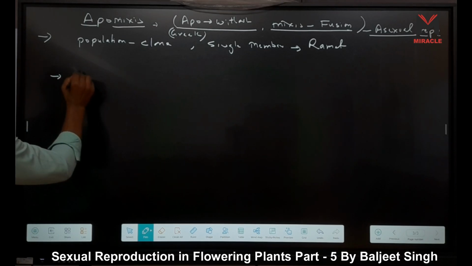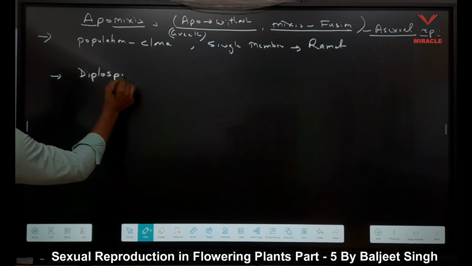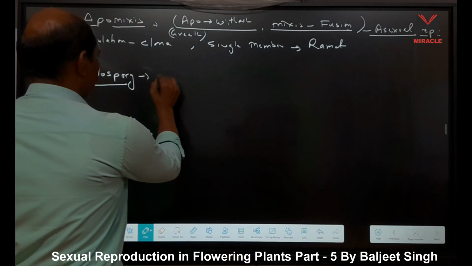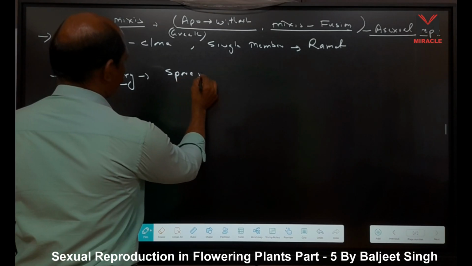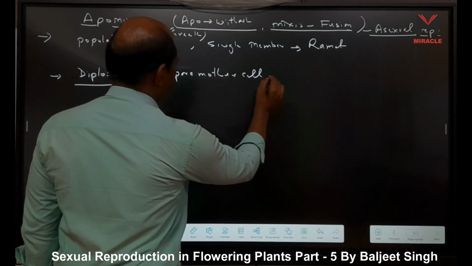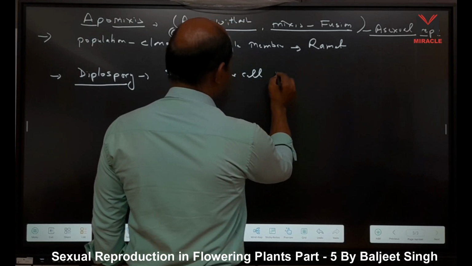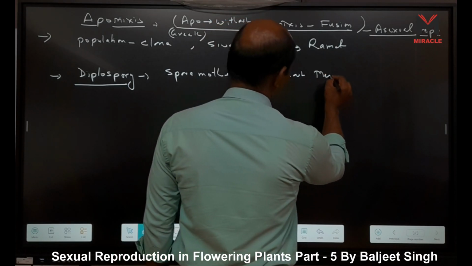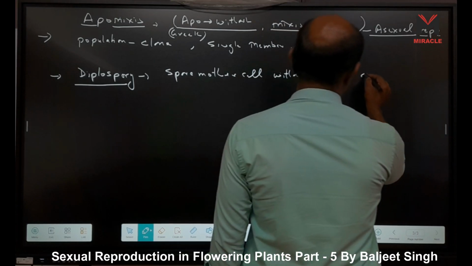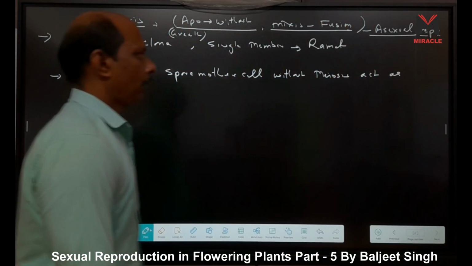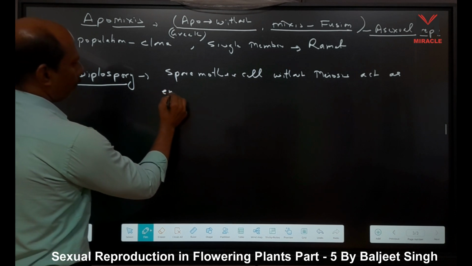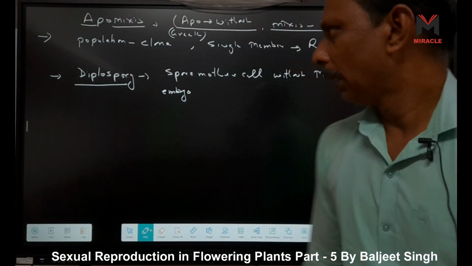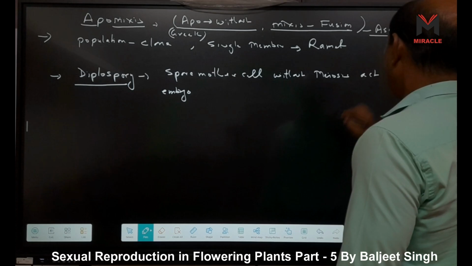First thing here is diplospory. So what is diplospory? Diplo means diploid, spore means sporophyte. What happens here? Here the spore mother cell, without reduction division, that is, without meiosis, develops into an embryo, or forms an embryo sac, right?